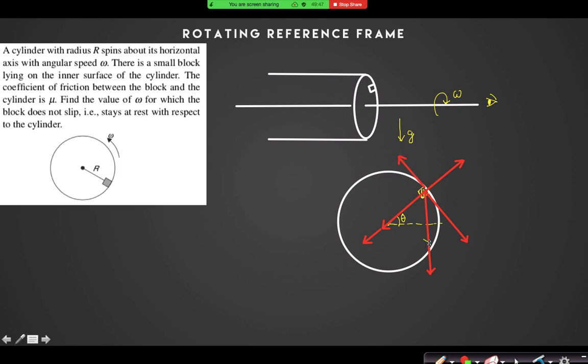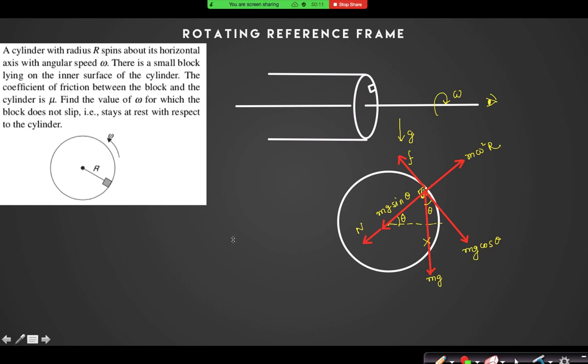So if I try to write down the forces, this is weight mg, right? If this angle is theta, that angle is definitely theta, so that is mg cos theta. This force is mg sin theta. There is another force, normal reaction, and this is m omega square r, and this is the friction force, right?